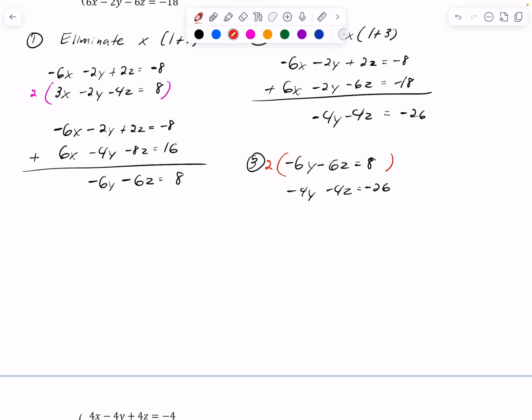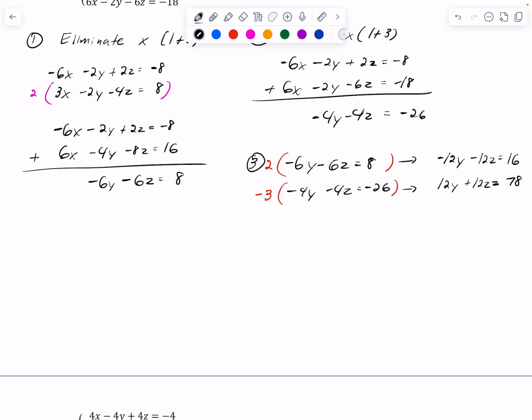So if I multiply by 2, and this one I'll multiply by negative 3, they'll become opposites. So I have negative 12y minus 12z equals 16. And this would be 12y plus 12z equals, what's that going to be? 26 times 3. So what is that? 78? Sounds right. Okay, and that's a positive.